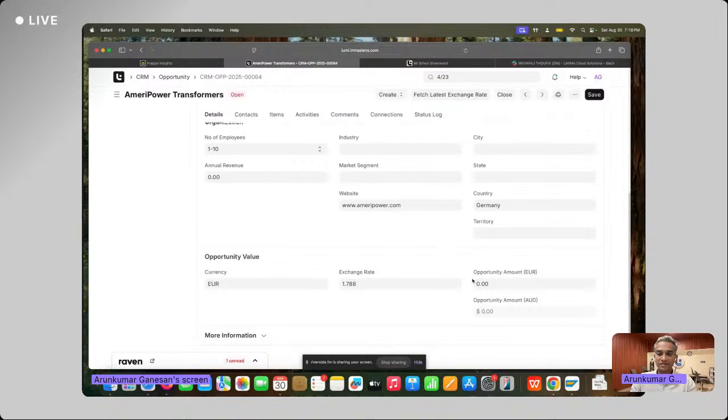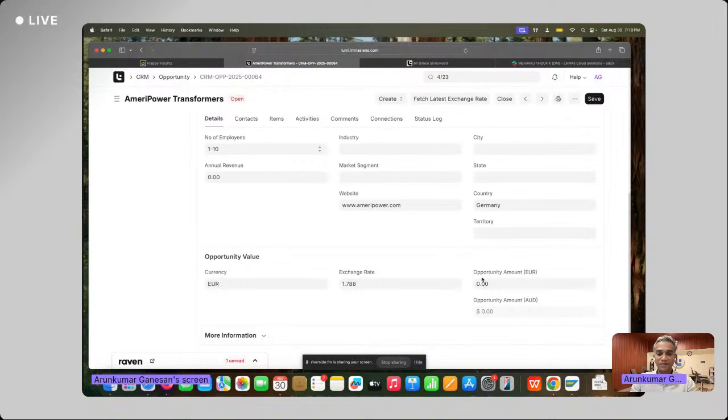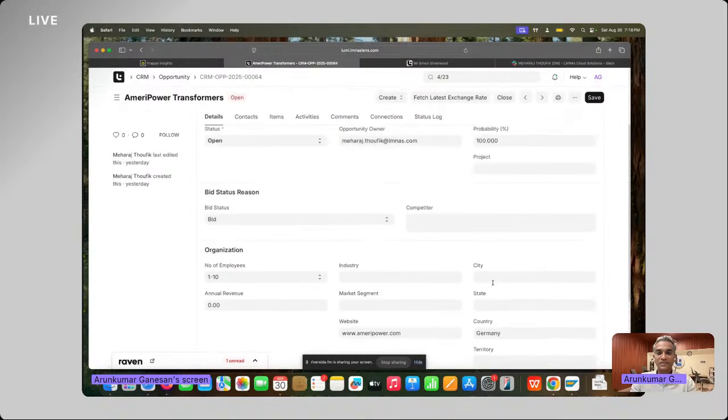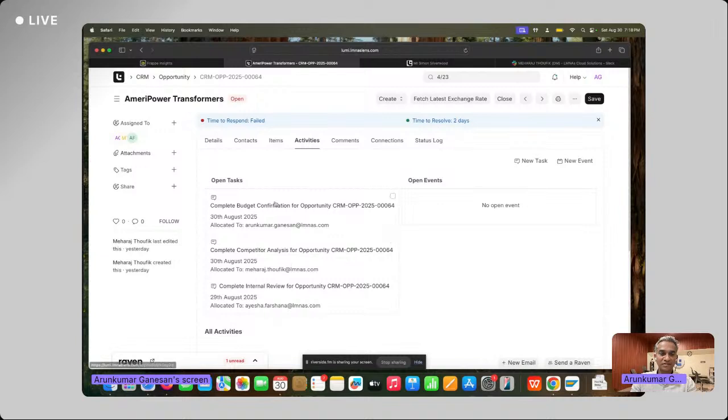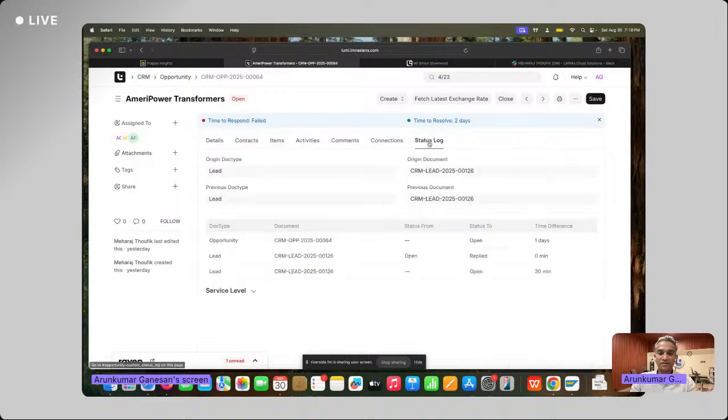We had the opportunity amount, which talks about the value of each of the opportunities. And there are activities which talk about what individuals have to do. And there is a status log again, which talks about the same thing, right? So the funnel of the particular lead, and so on and so forth.